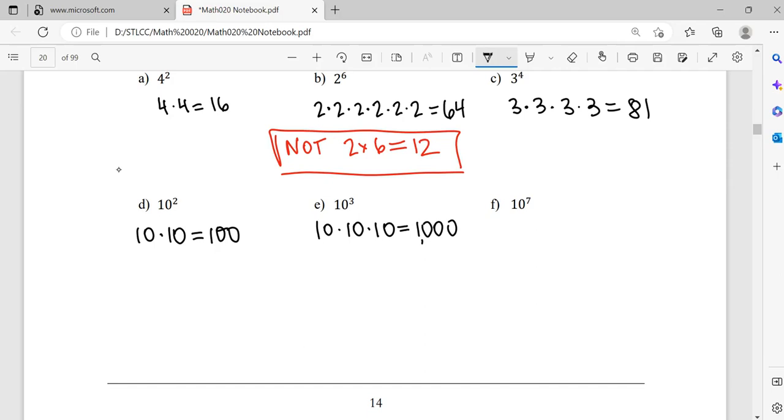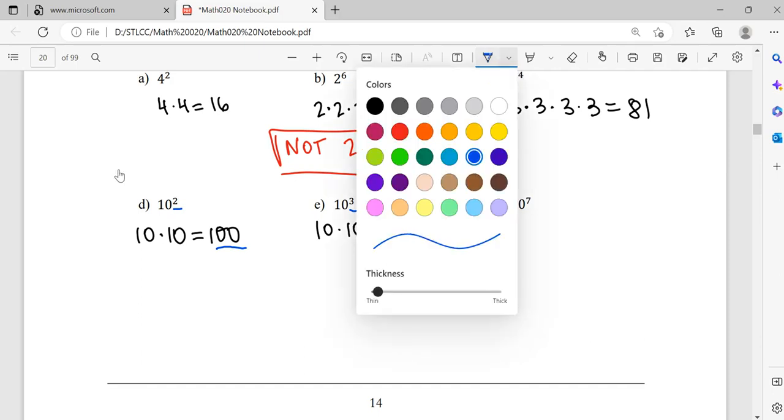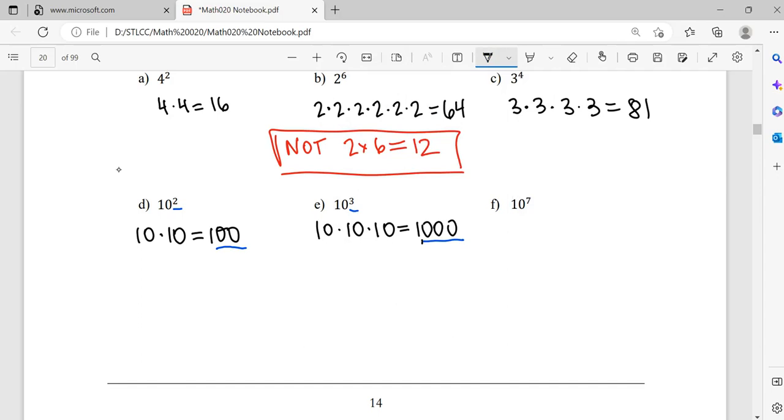Let's look at the pattern first. For 10 to the power of 2, you have the 2 exponent, you have 2 zeros. You have the 3 exponent, you have 3 zeros. So for 10 to the power of 7, I don't really need to multiply. I have the exponent 7, which means I have the 1 and 7 zeros: 1, 2, 3, 4, 5, 6, 7, and then just break with your commas. So you have 10 million here.